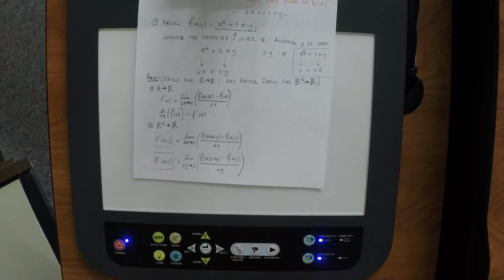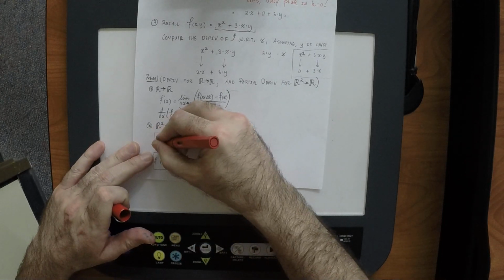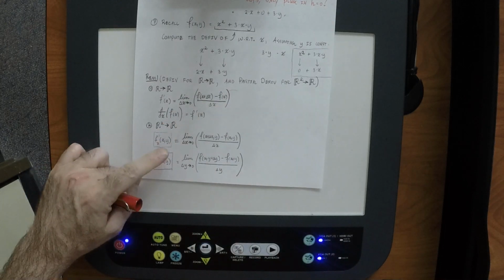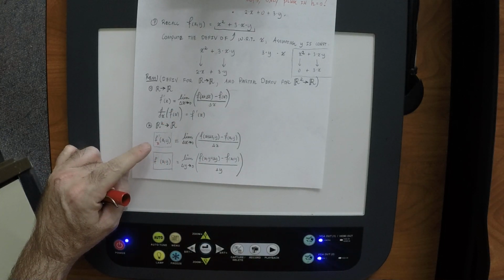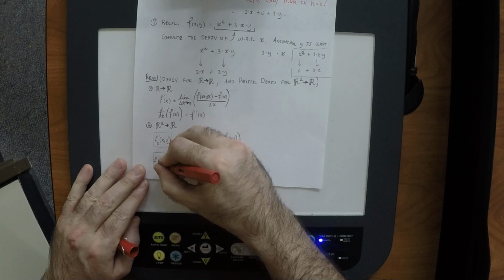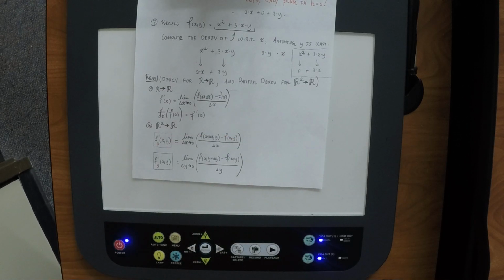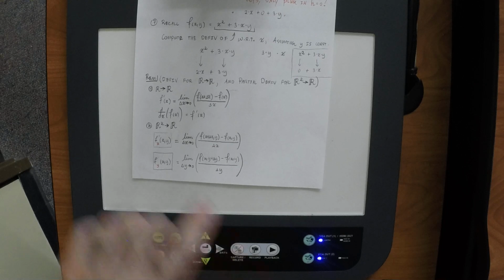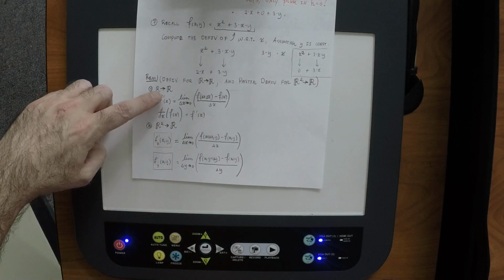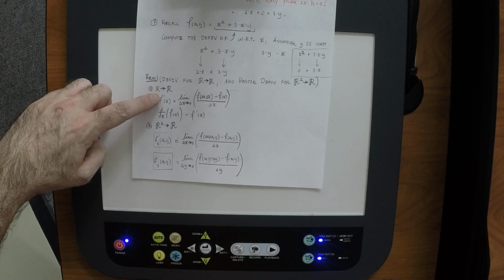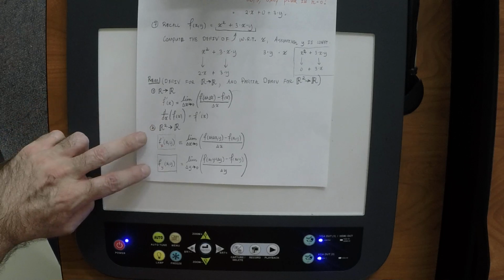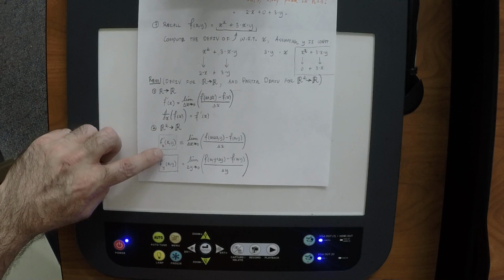So the notation is a subscript x for the one where you were doing x, and a subscript y for the one where you were doing y. The tick mark is only permissible when there's a single variable. So it's the function and then a subscript.